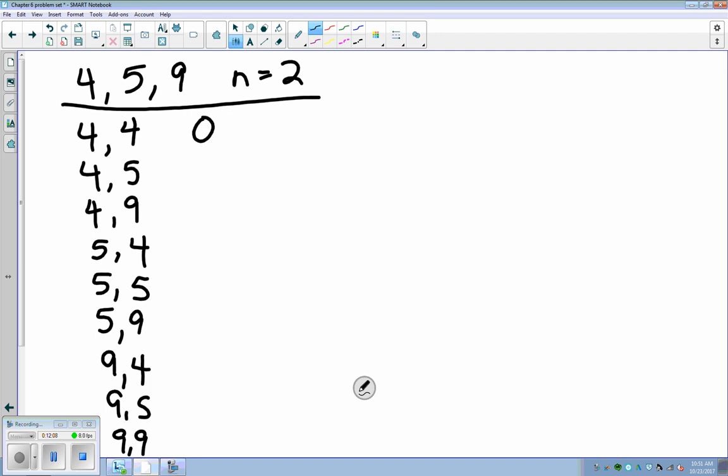So my next sample is 4, 5. What's the probability of the odd number there? 1/2. How about 4, 9? 1/2, right? How about 5 and 4? 1/2. 5 and 5? 1. 5 and 9? And again, 1 and again, 1. And I think that's what the confusing part was.